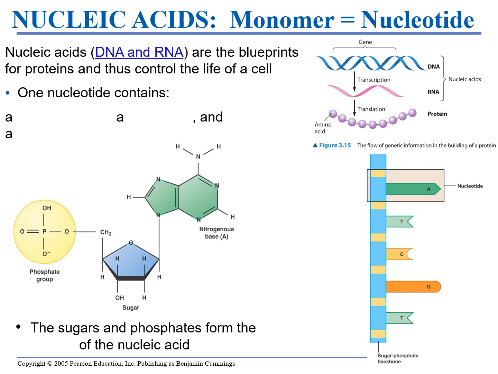One nucleotide contains a 5-carbon sugar, a phosphate, and a nitrogenous base. At the bottom you see the structure of a nucleic acid, and you can find that right here. The sugars and phosphates form the backbone of the nucleic acid.